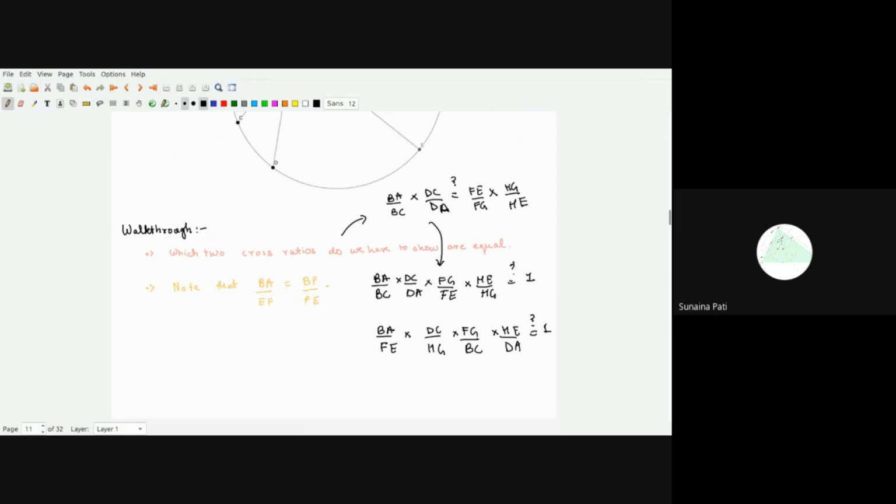And remember how you solve these length thingies. You want something to appear twice, once in the numerator, once in the denominator. Show diagram, please. Yeah, definitely.